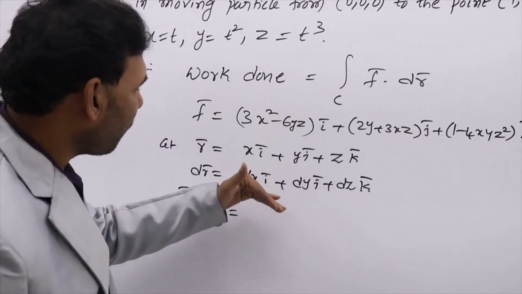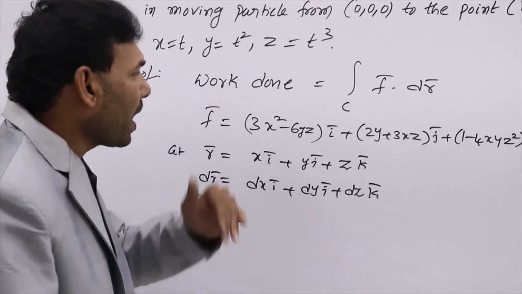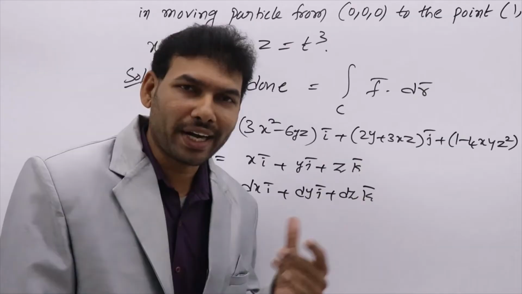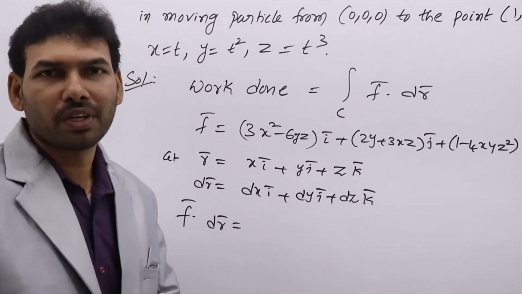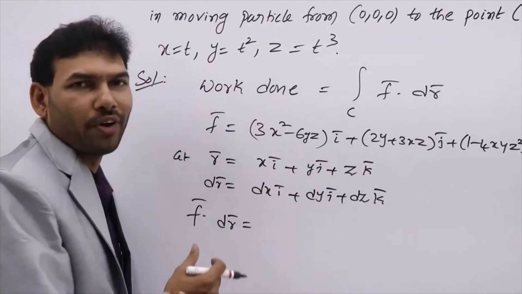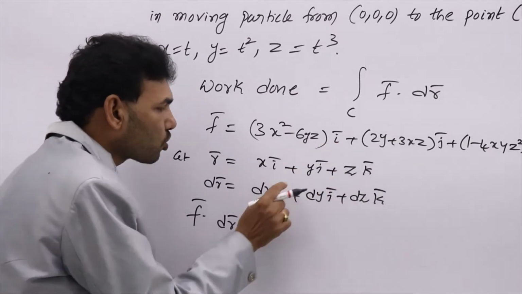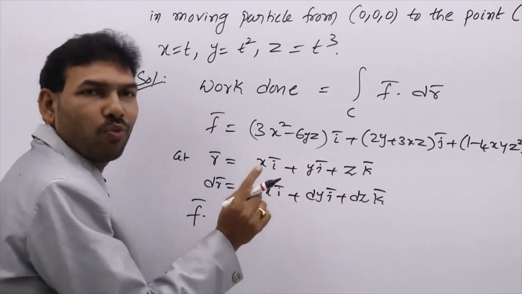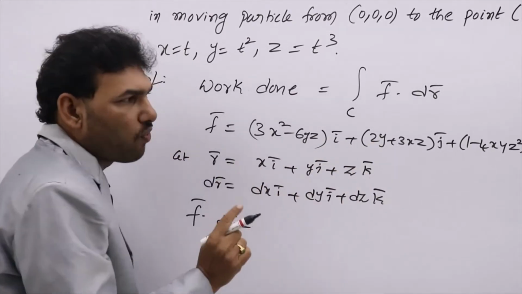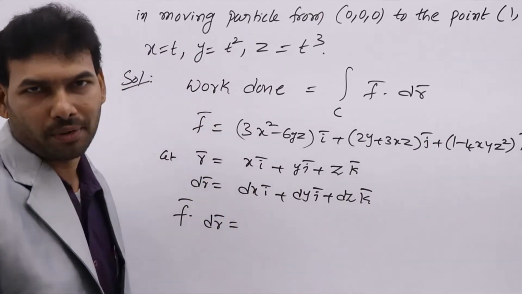If you multiply f bar and dr bar, how are we going to multiply two vectors? That is the dot product. How to find the product of two vectors? By multiplying i dot i, j dot j, k dot k.